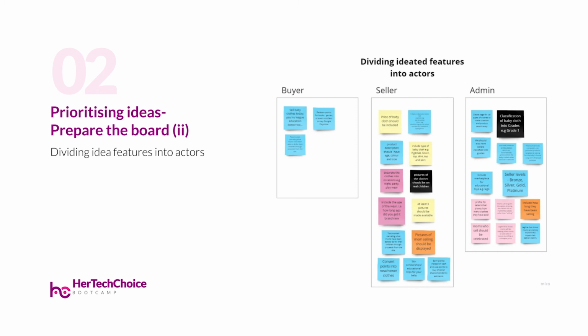Then the admin should be able to classify the clothes into grades, whether it's grade 1, grade 2, and all of that. Then it gives the sellers their ratings as well, which is maybe bronze, silver, gold.